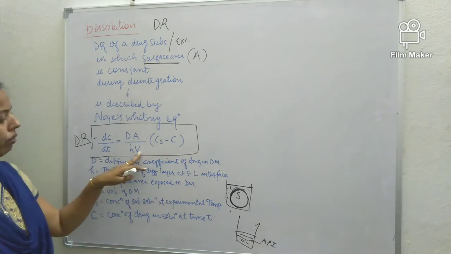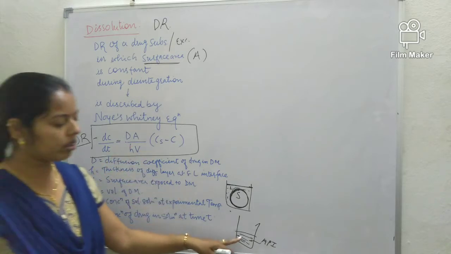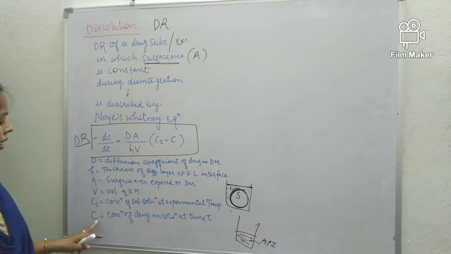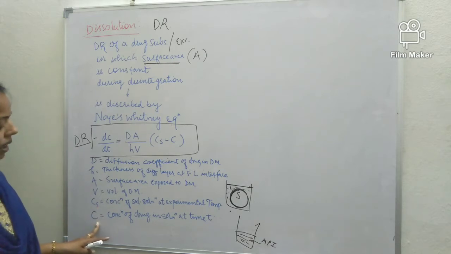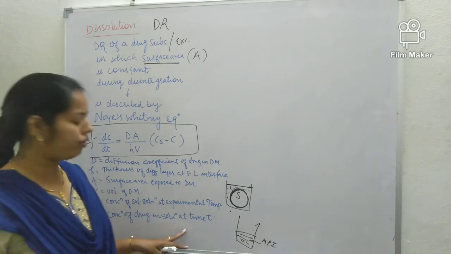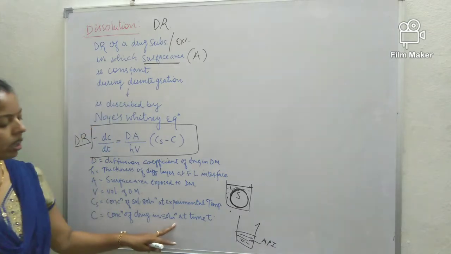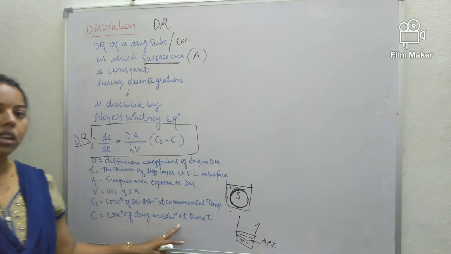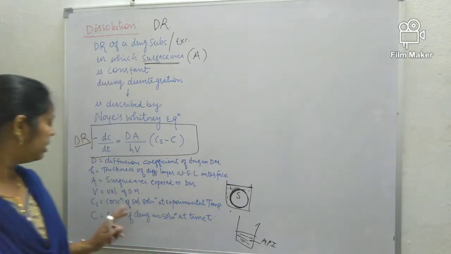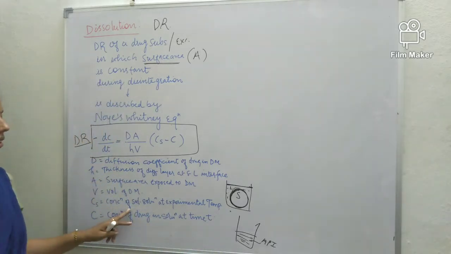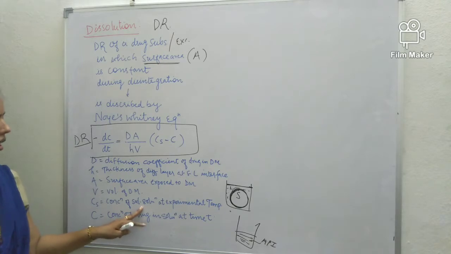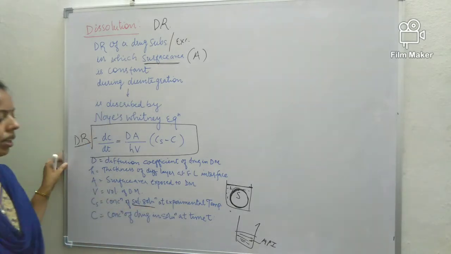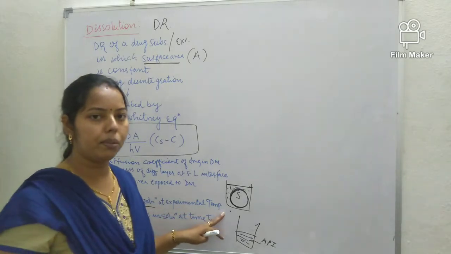After that, capital V is the volume of the dissolution medium. Then Cs and capital C. Capital C is the concentration of drug or API in the dissolution medium or solution at time t, and Cs is the concentration of the saturated solution, the solution which is already saturated at the experimental temperature.